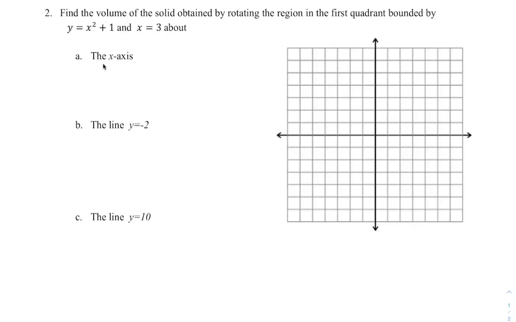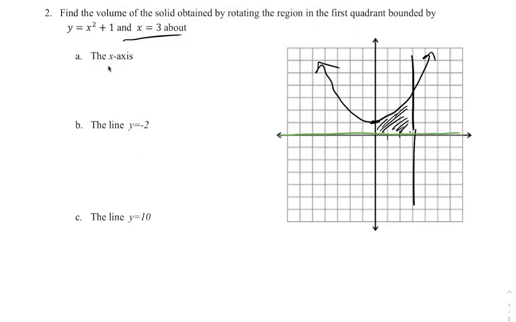Okay, so x squared plus 1 looks like this. A little better. And x equals 3, so 1, 2, 3, right here. In the first quadrant, so we're talking about this little region. Now they want to spin about the x-axis. Easy enough, that's a disk method.